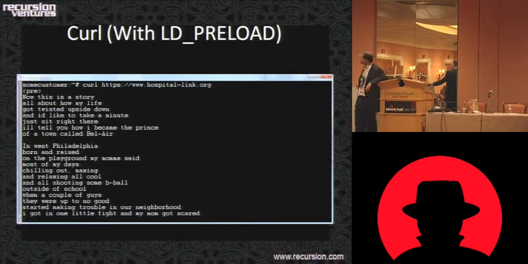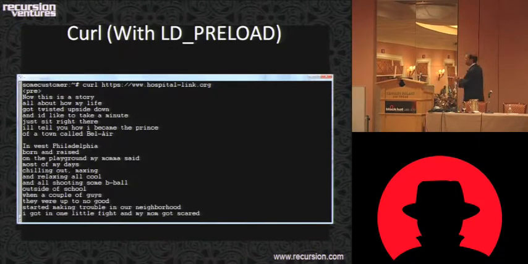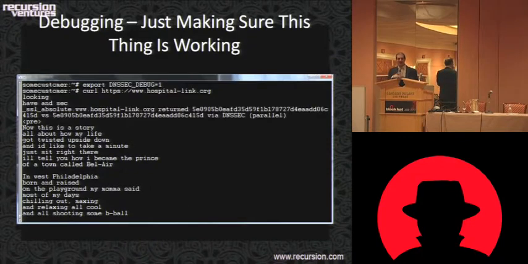Curl https://hospitallink.org, and this is the story all about how my life got twisted upside down. But just to be sure, so you can see that this is actually working, if you export the variable DNSSEC_DEBUG=1, you will actually get a bunch of debug messages put out showing you the library interposing itself and injecting DNSSEC validation.